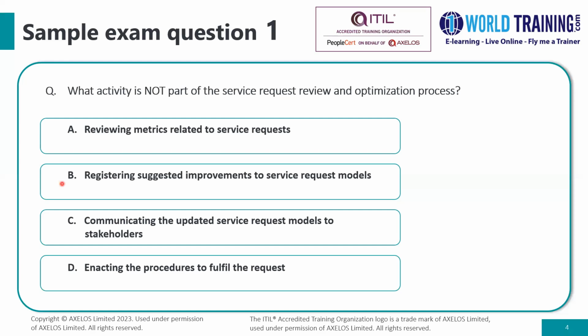Option B is also part of the same process, and it is part of the service request model improvement initiation activity. Option C is also an activity in this process, communicating the updated service request models to stakeholders. This is part of the service request model update communication activity.